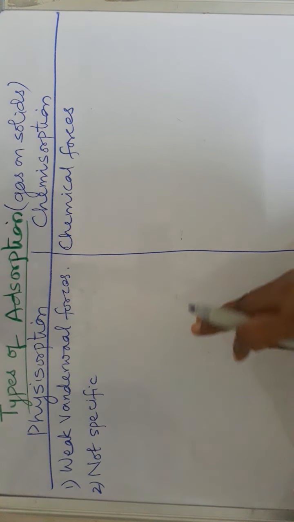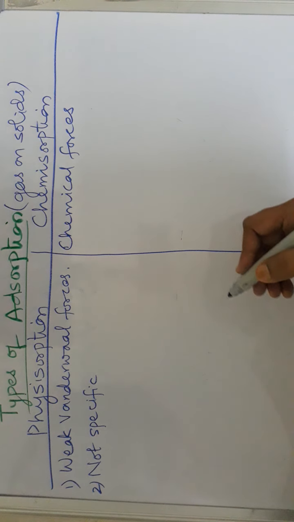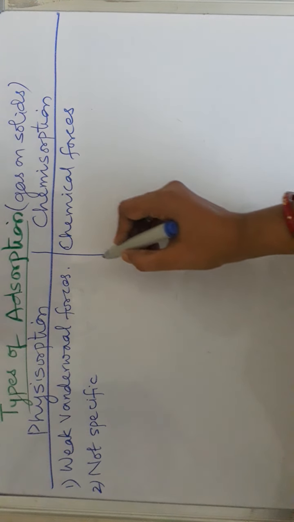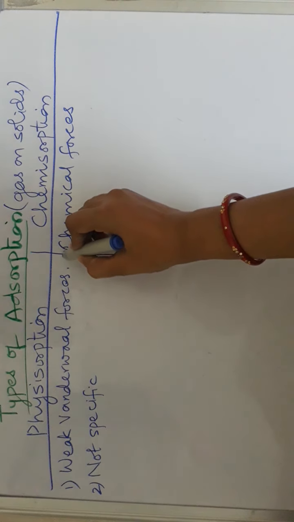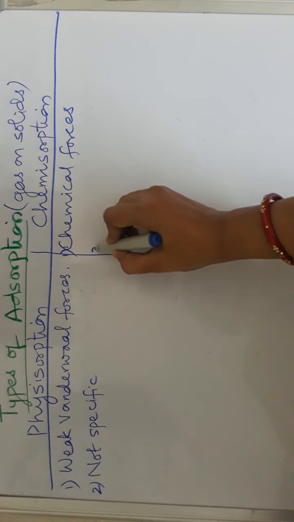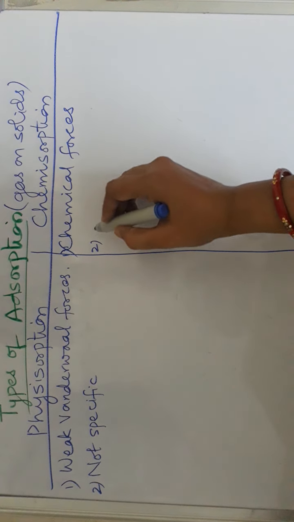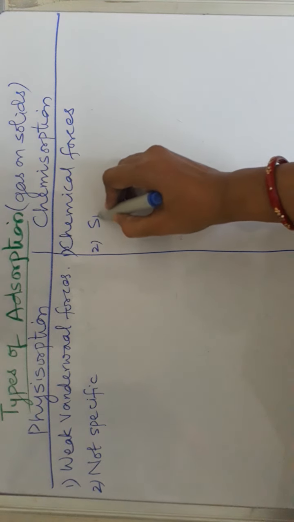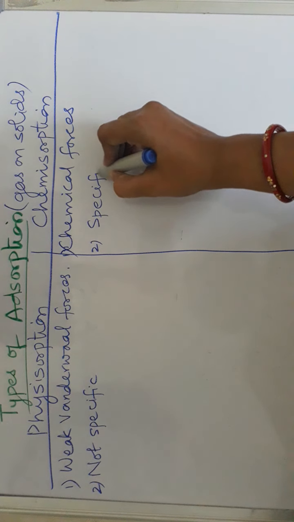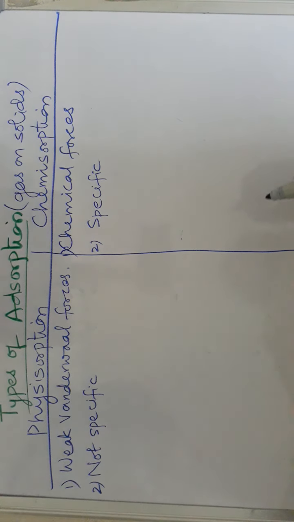So, in this regard, it is not specific. The same adsorbent is adsorbing different gases, whereas chemisorption is specific. It means that one adsorbent can adsorb only one kind of adsorbate.